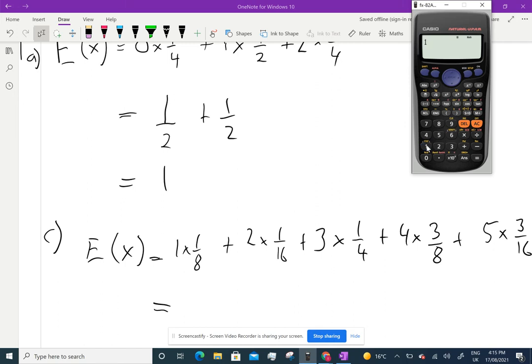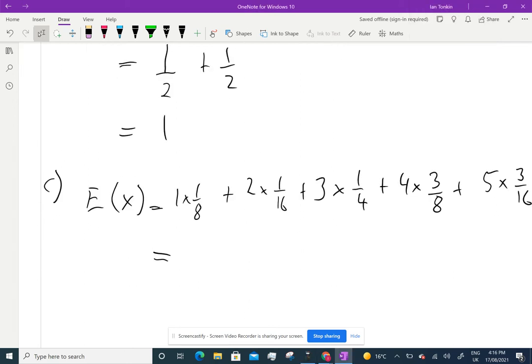So 1 times 1 on 8 plus 2 times 1 on 16 plus 3 times 1 on 4 plus 4 times 3 on 8 plus 5 times 3 on 16. And I get 3.4375, I think. Was that it?